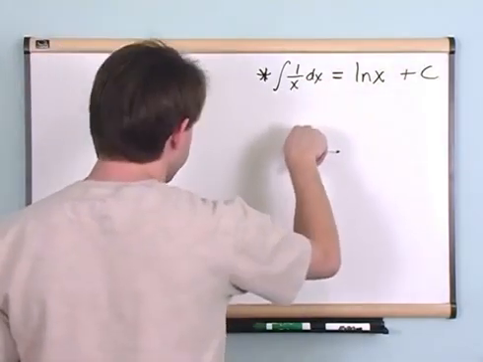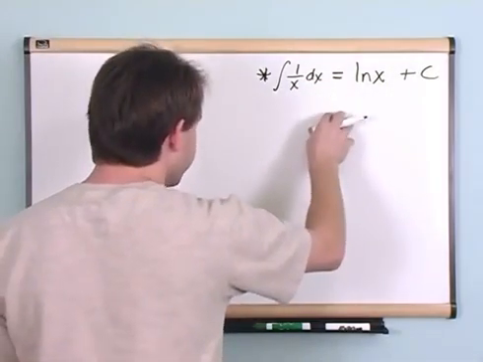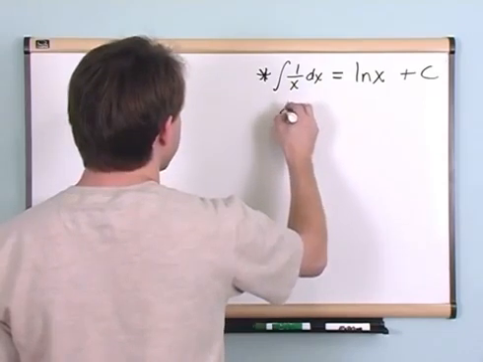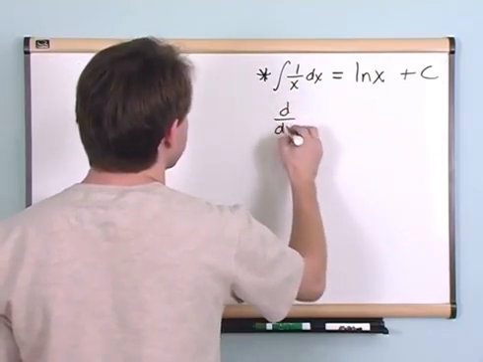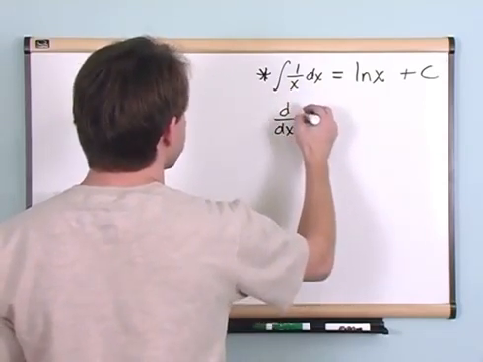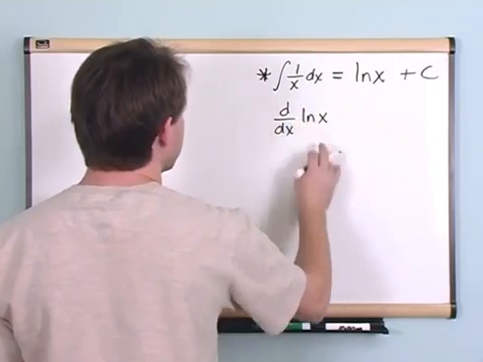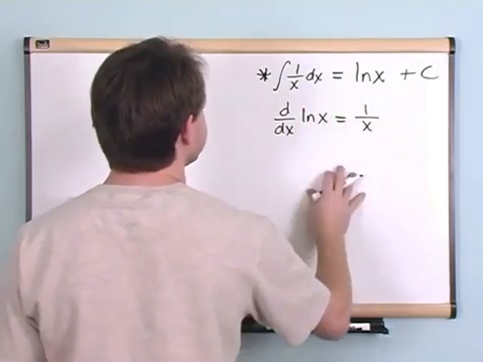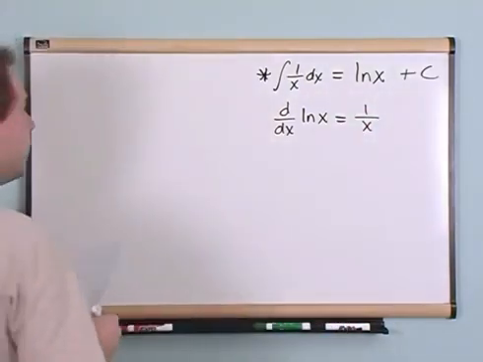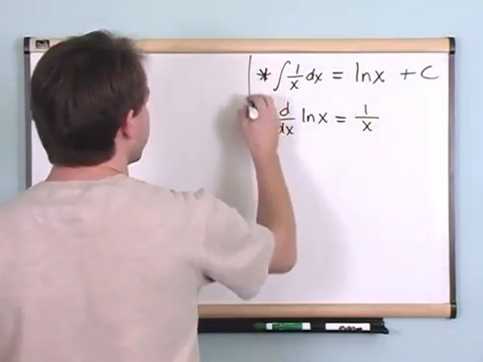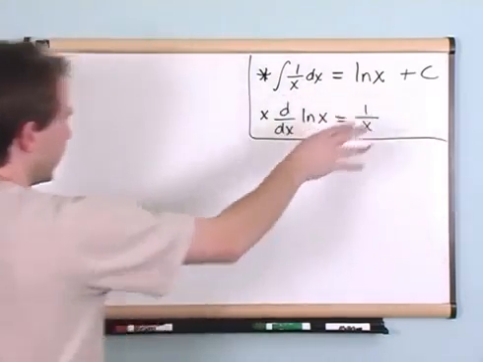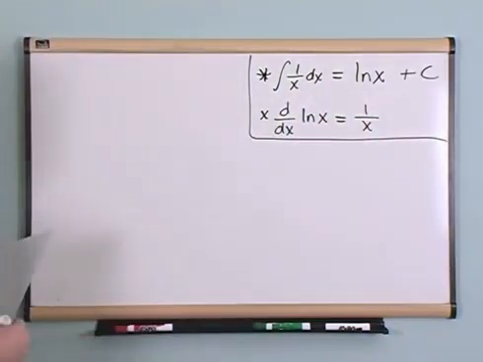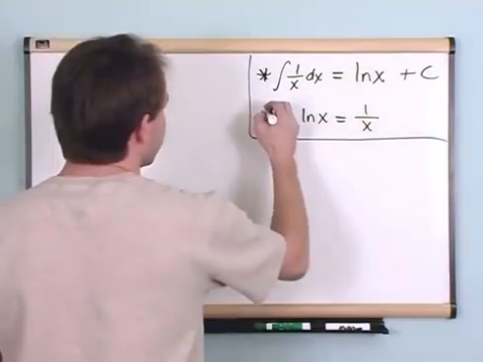Now, as a direct result of this, you can also say that the derivative with respect to x of the natural logarithm of x is just simply equal to 1 over x, like this. Okay? So these two things I'm going to put over here on the side, and we're going to use them in this section over and over and over again, and you're going to use them in your class over and over again.